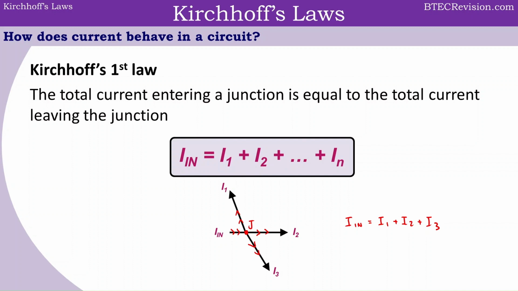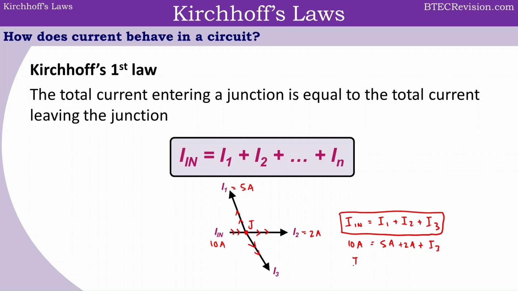And we could label these values. Let's say I in is 10 amps and I1 is, let's say, 5 amps and I2 is 2 amps. Plugging this into our equation, Kirchhoff's first law, the values we have here are 10 amps equals 5 amps plus 2 amps plus I3.